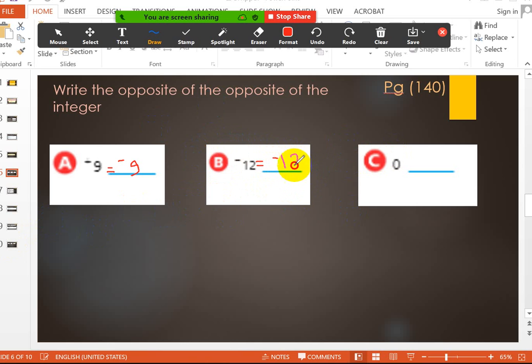Very good, the same number with the same sign. Thank you, Farah. What is the opposite of 0? Yes, Jana. It's 0 also. That's correct. The opposite of 0 equals 0, and the opposite of the opposite of 0 equals 0, because 0 is a neutral number, as we said yesterday.